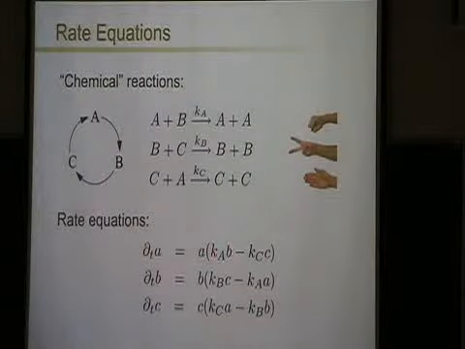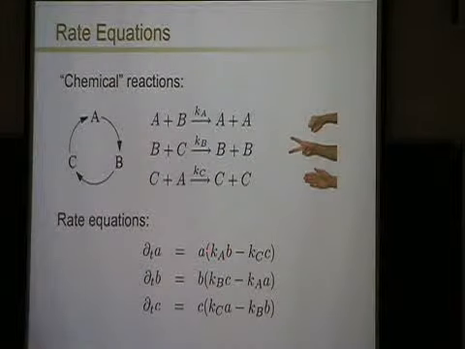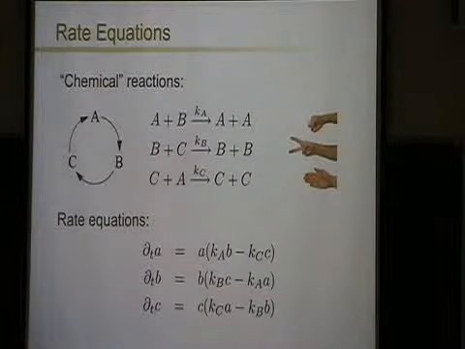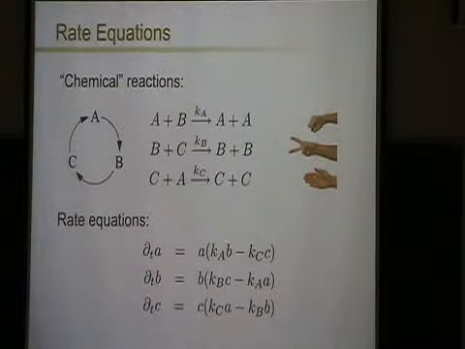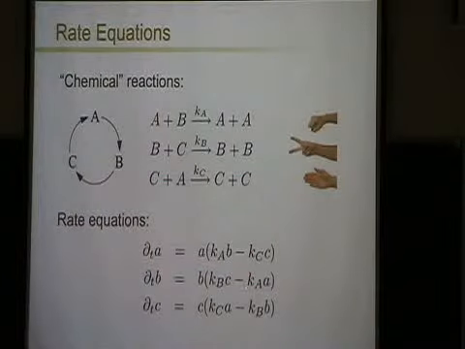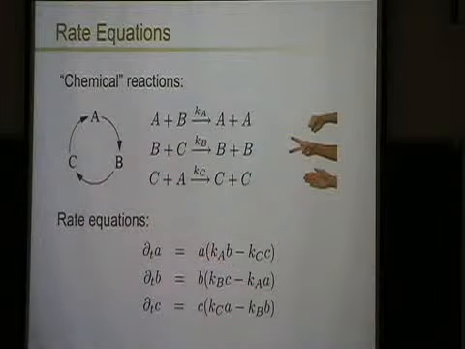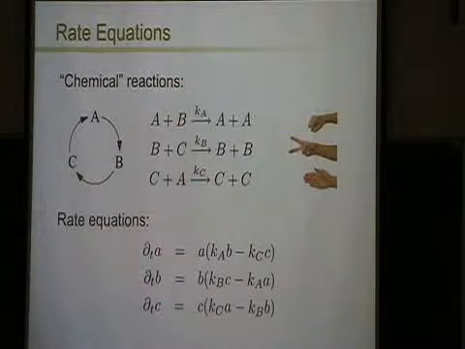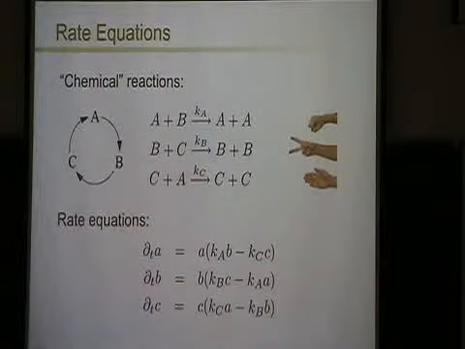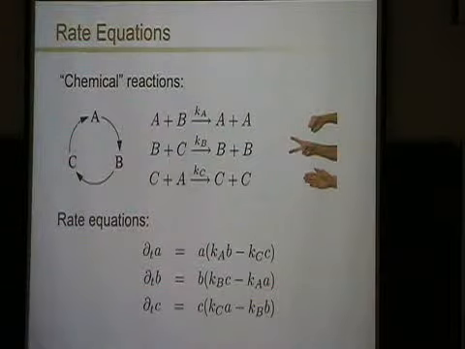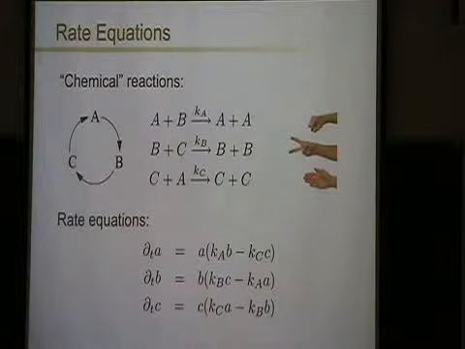You gain if A meets a B, that happens with the probability of fraction A times fraction B, and the change comes about with the rate, the probability per unit time, given by k_A. You lose particles A if A meets a C, probability is A times C, and the rate of change is given by the rate constant k. So this is pretty simple and obvious, and you have this set here of equations.